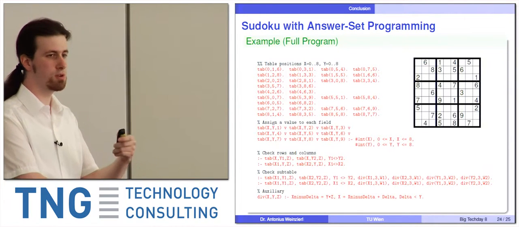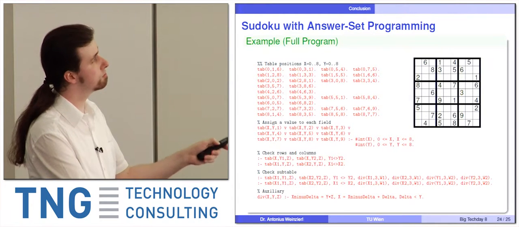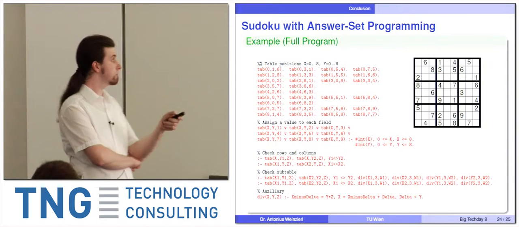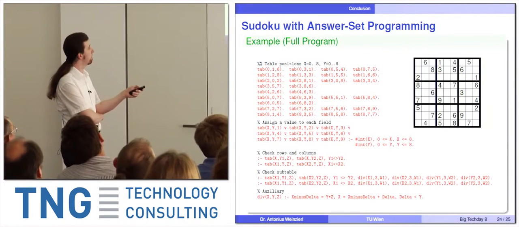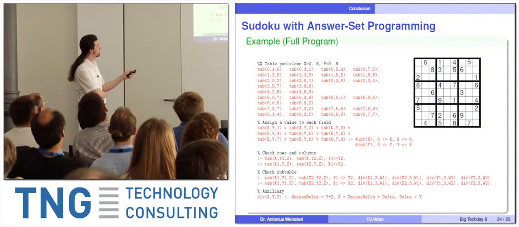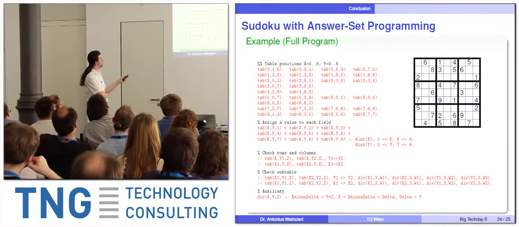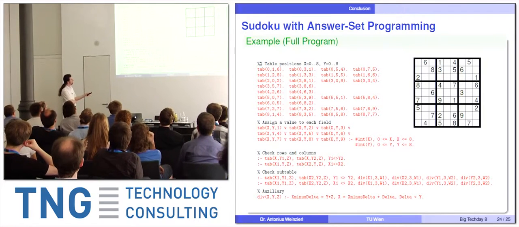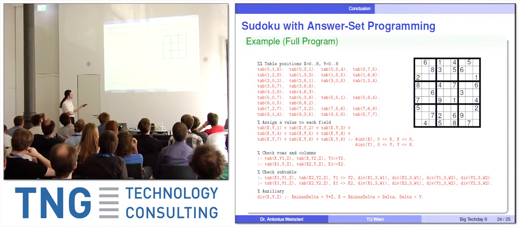So if you want to find all the possible answers to this Sudoku, then with answer set programming what you have to do is, well, you have here one rule, you have here 2 rules. So this one says if I have some value x and y, which are between 0 and 8, so somewhere in my whole table, then I have either a 1, a 2, a 3, 4, or a 9 at this position.